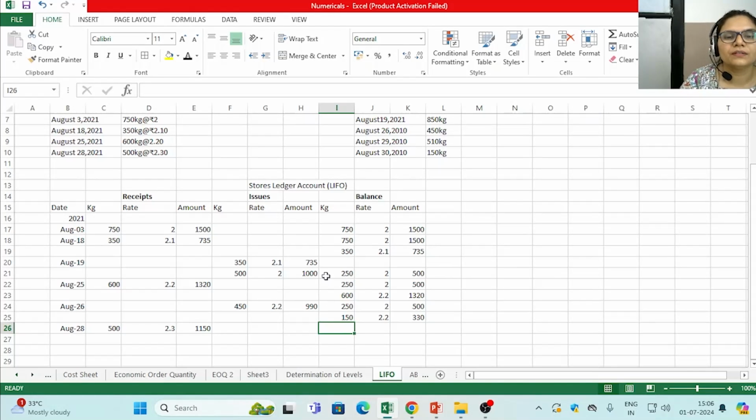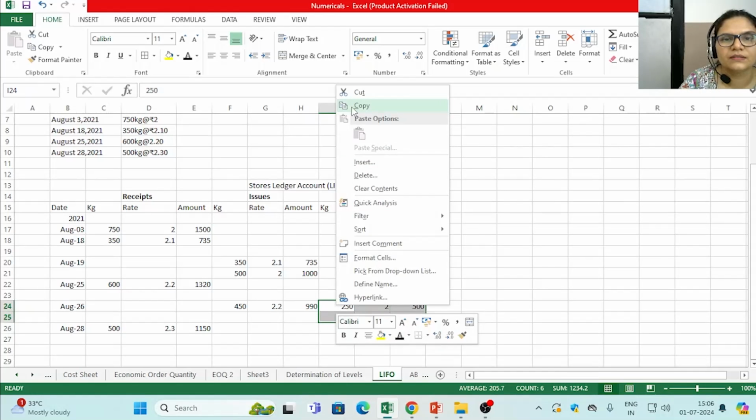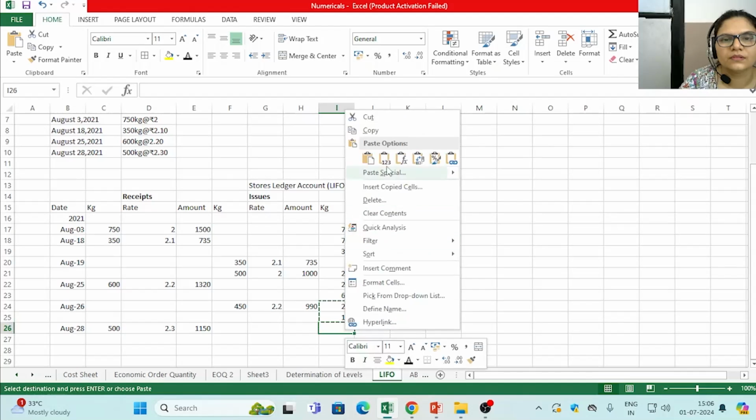Again, we will carry forward the balance. First, we will carry forward this balance, previous balance in a current date.